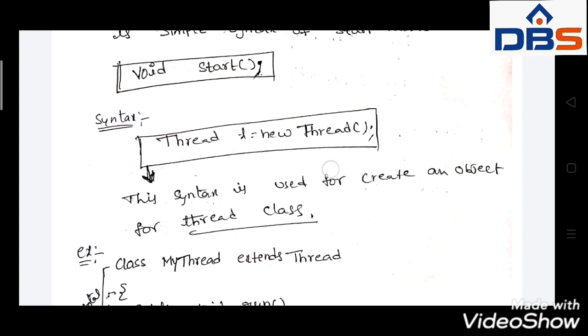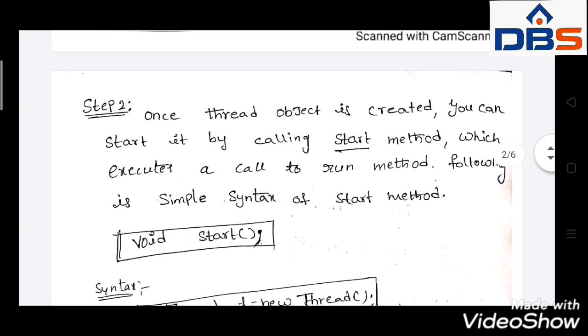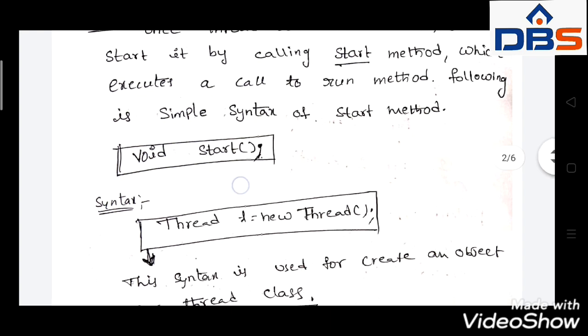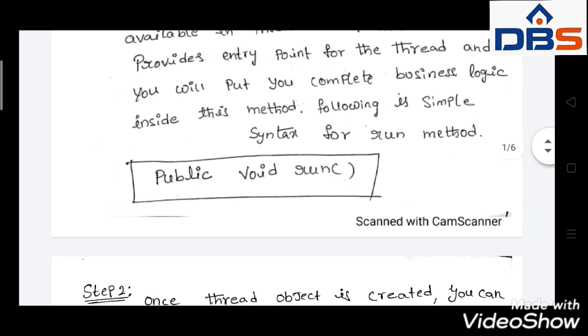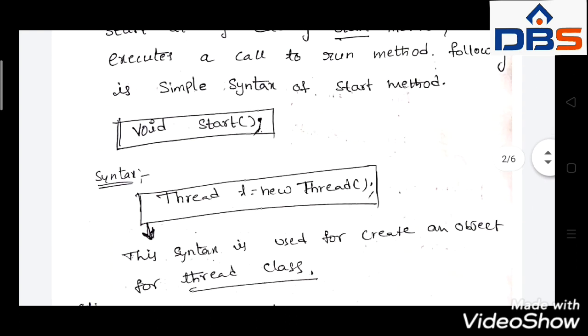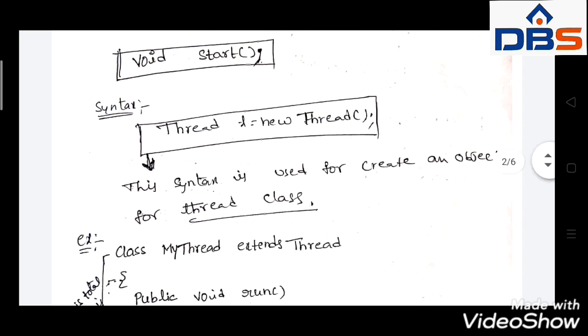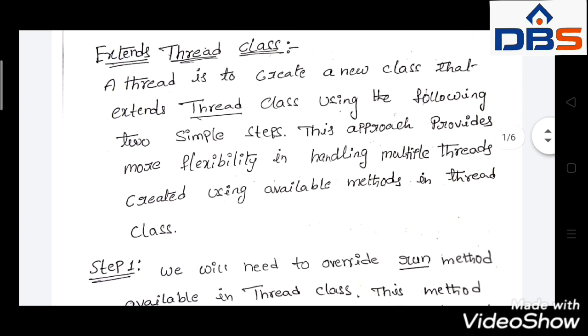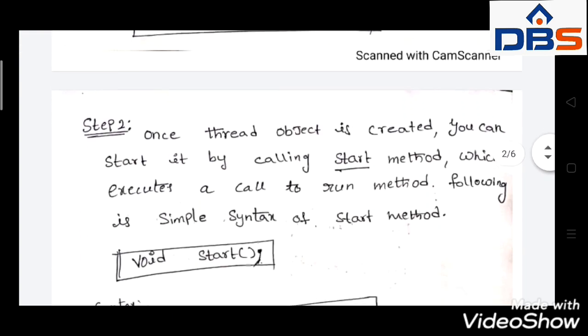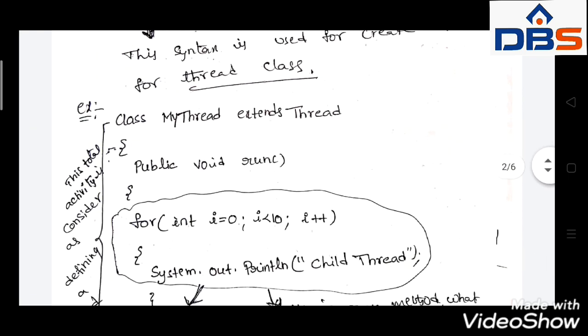This is the syntax to create a thread object. To start a thread we use the void start method. To run a thread we use the public void run method. With the help of these two steps we are creating a thread by extending the Thread class.